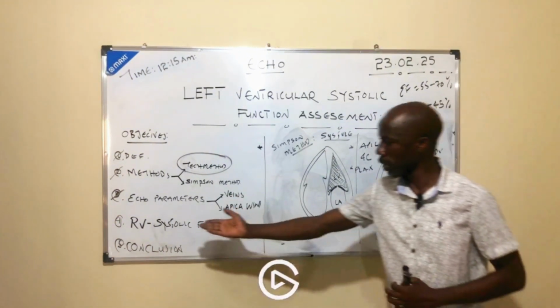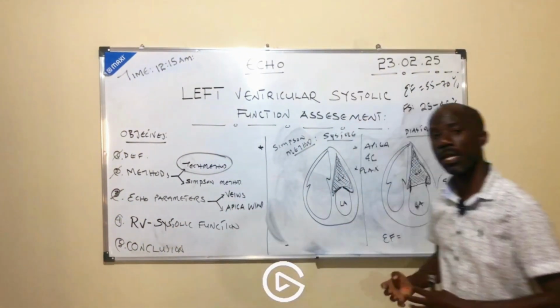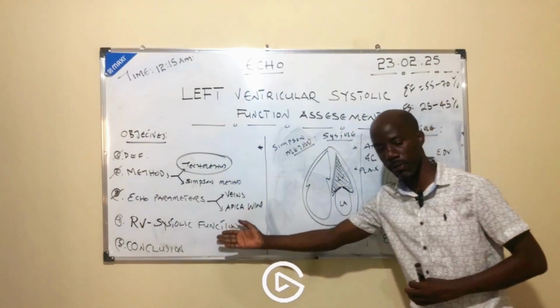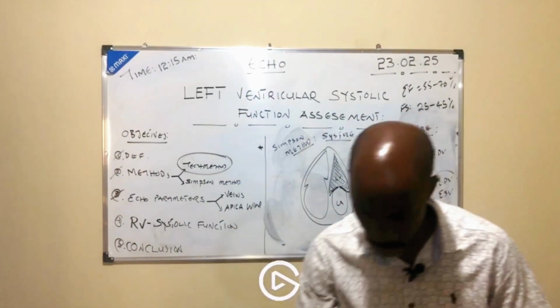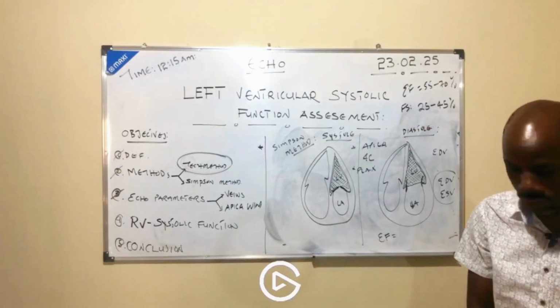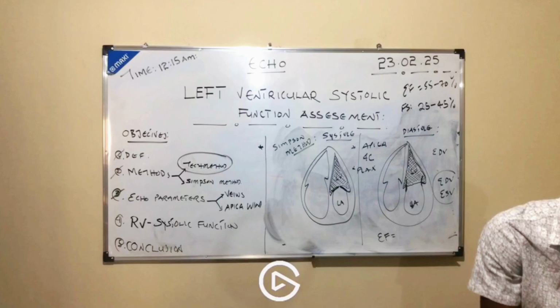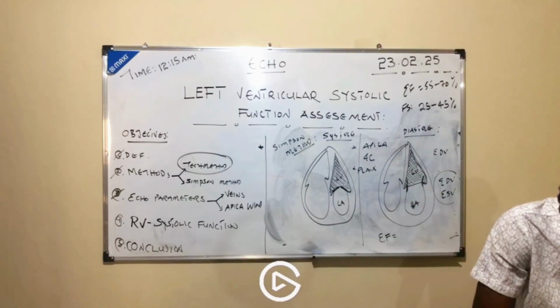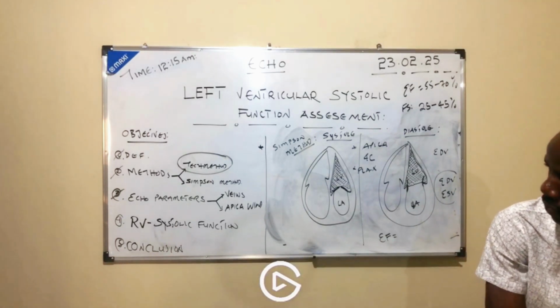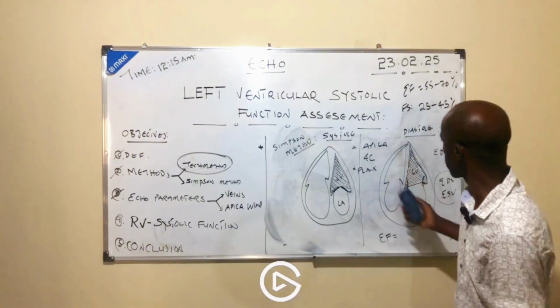We go straight into how to assess the right ventricle systolic function of the heart. This is also another area that we need to take part in and know exactly what is happening. So number one, the assessment of the right ventricle systolic function becomes very handy.